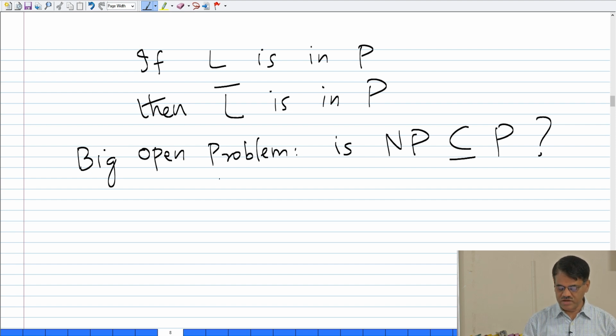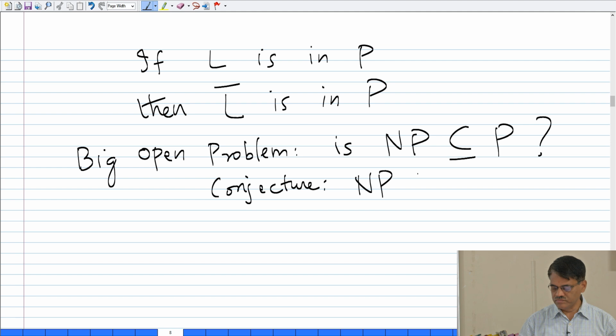The conjecture is that there are problems in NP which are not in P. Right.